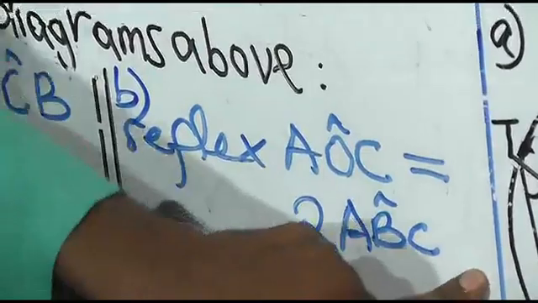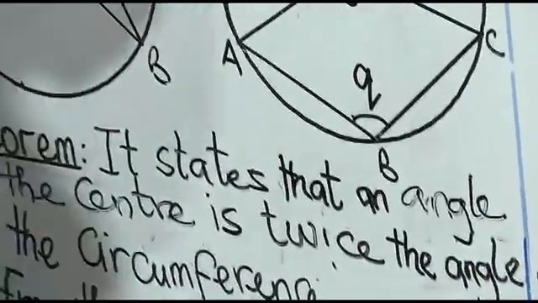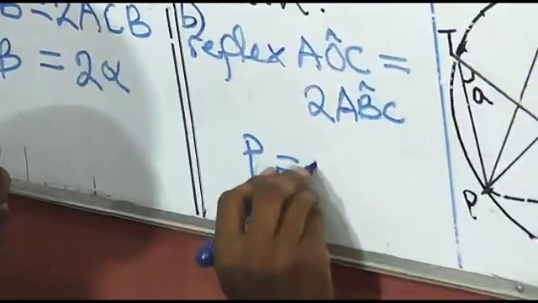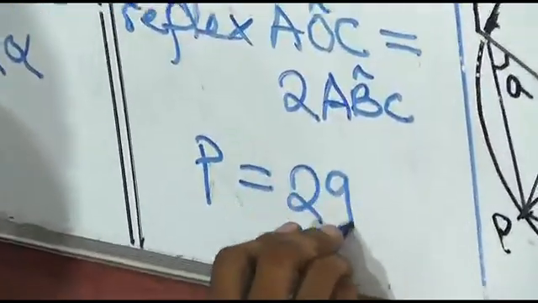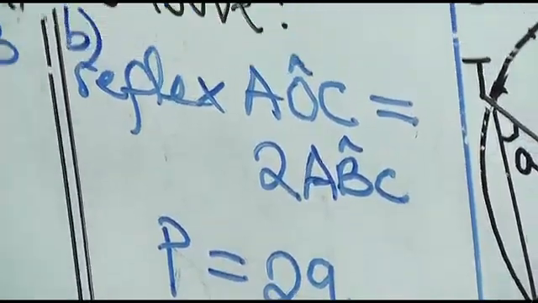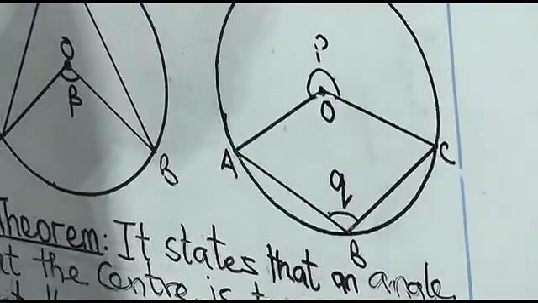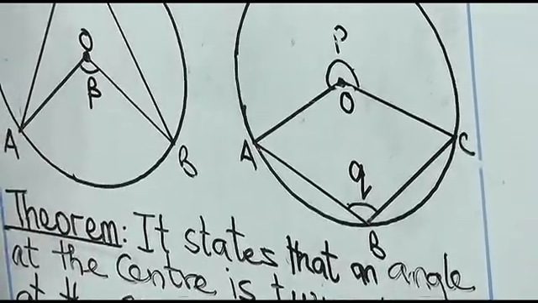And using their letters, we have angle P is equal to 2 of angle Q.